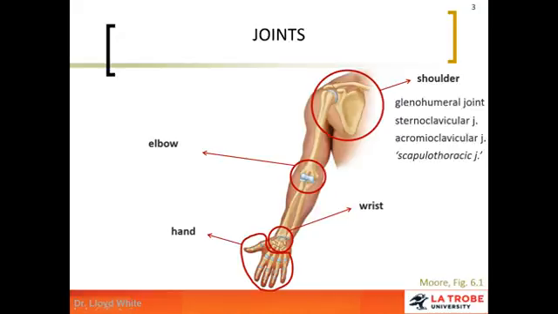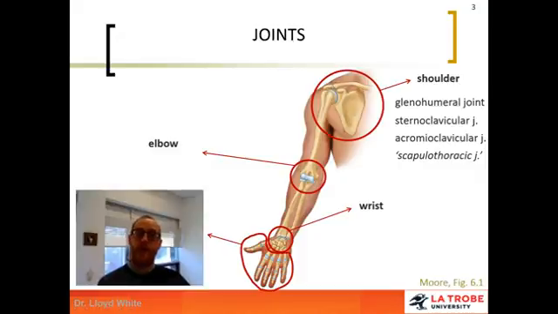So in the shoulder we have 3 different joints. We have the glenohumeral, being between the scapula and the humerus, the ball and socket joint there. We have the sternoclavicular, which is where the clavicle articulates with the sternum. And we have the acromioclavicular joint, or AC joint, between the clavicle and the acromion process of the scapula.